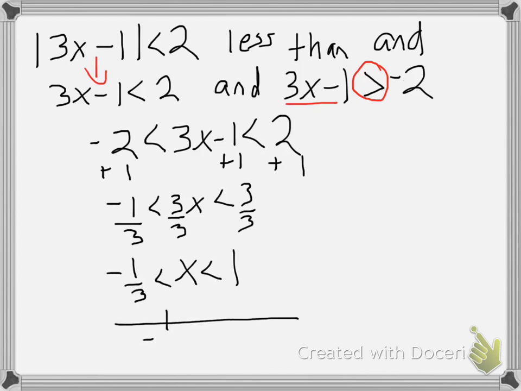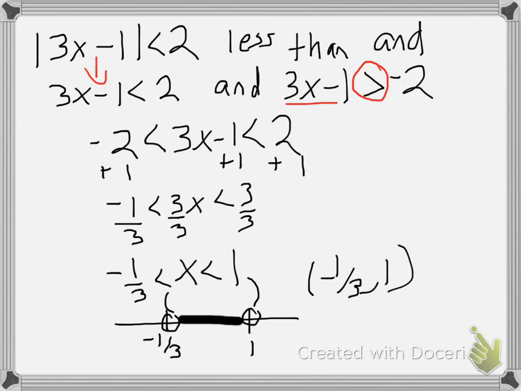I have negative 1/3, and I have positive 1. Open circles, and the x goes between them because it's between them in the inequality. So fill it in like that. And then what do I have? I have parentheses, so that gives me negative 1/3, comma 1. Whew. Interesting problem, huh?